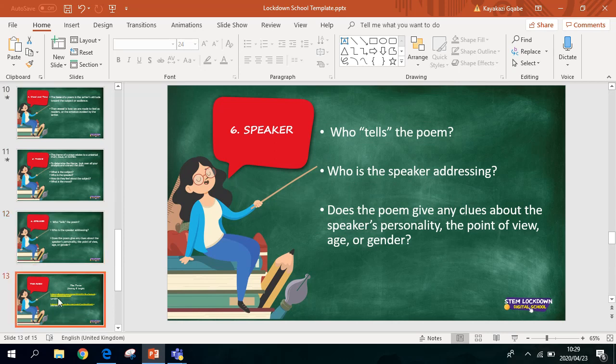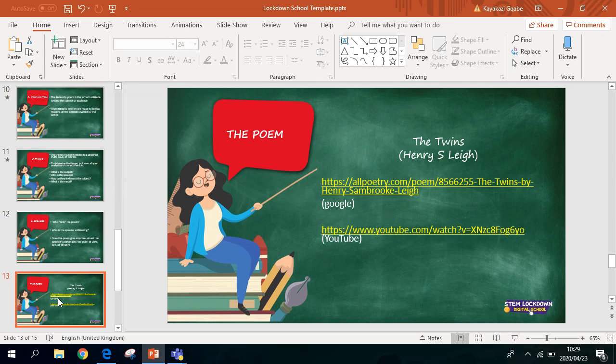So I want you today to just have a look at the poem, read it a couple of times until you understand it, and come back with some words that you don't understand or that you are not familiar with. So tomorrow we'll have a look at those things, the vocabulary, the title, before we get to the actual analysis of the poem, and that will be the theme, the figurative language, and how it has been used.